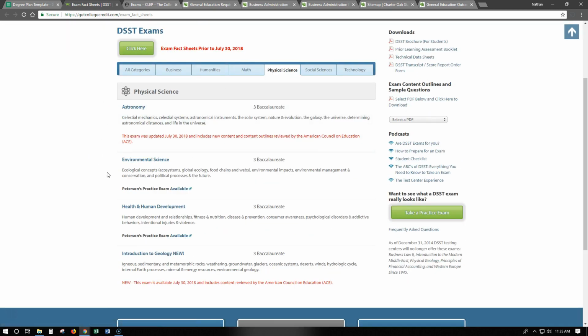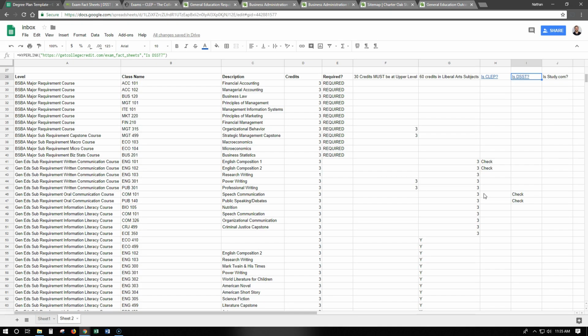Let's look in physical science, astronomy, environmental, health and human development. Health and human development includes fitness and nutrition. Do we know 100% that this DSST will count for this nutrition course? We do not, but we should check because it seems like it might. But now we've identified that this is potentially a DSST we can take.